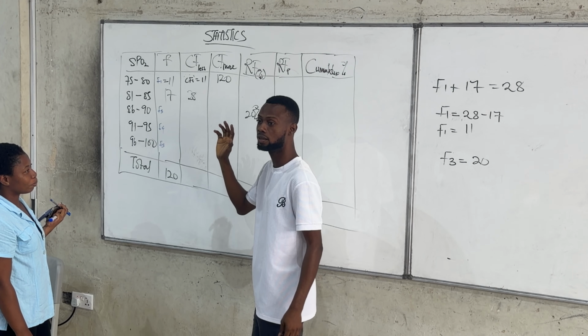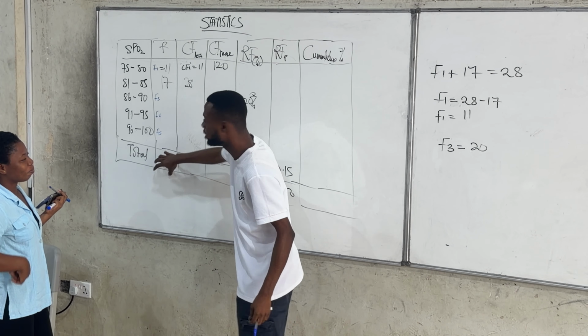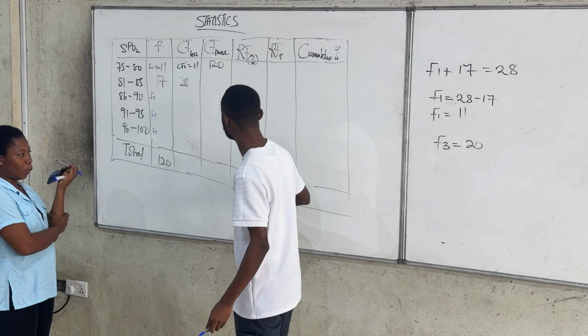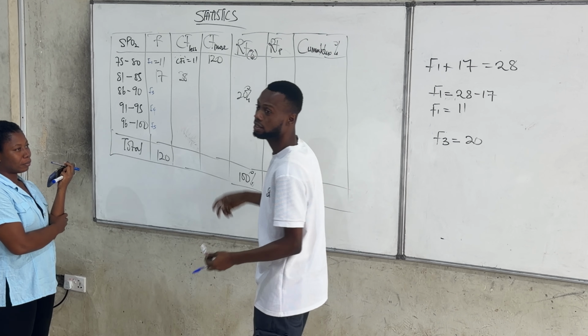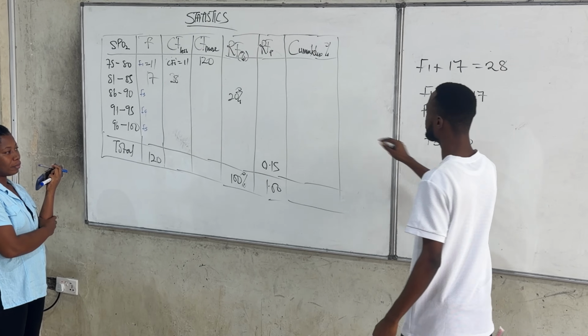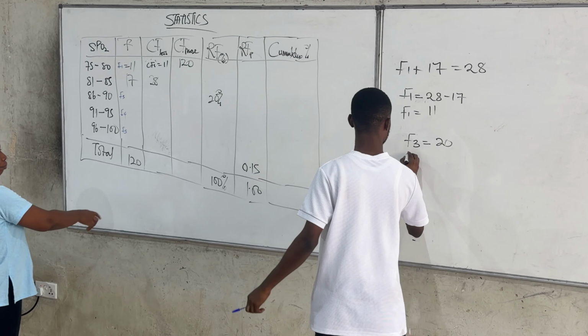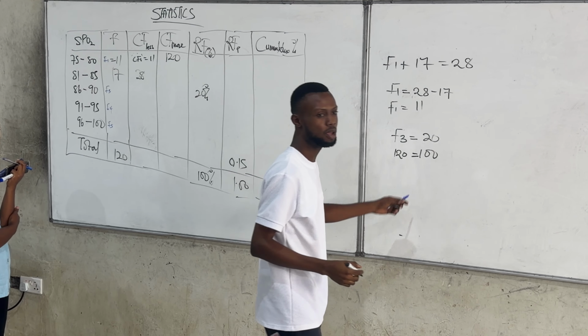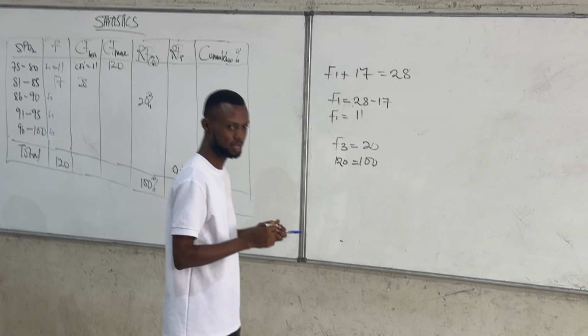Do we get it? The whole 120, because at the end of the day here it is 100. So this one equals this one equals this. So F3 over 20, 120 will be equal to 100.